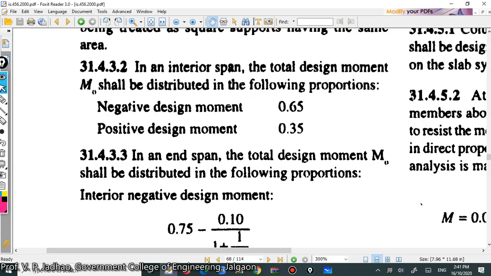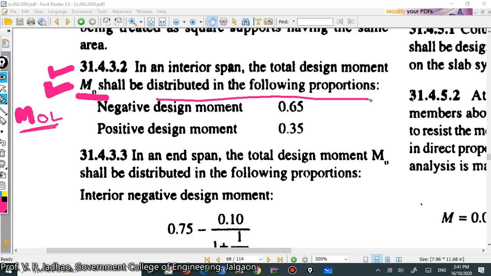Now if you see clause number 31.4.3.2, it says that for flat slabs in an interior span, the total design moment M0, which in the longer direction we have considered as MOL, shall be distributed in the following proportion.